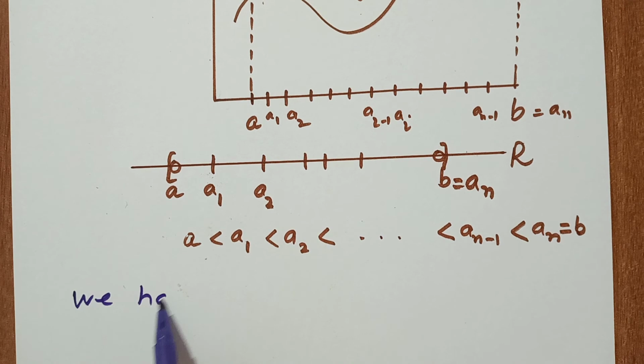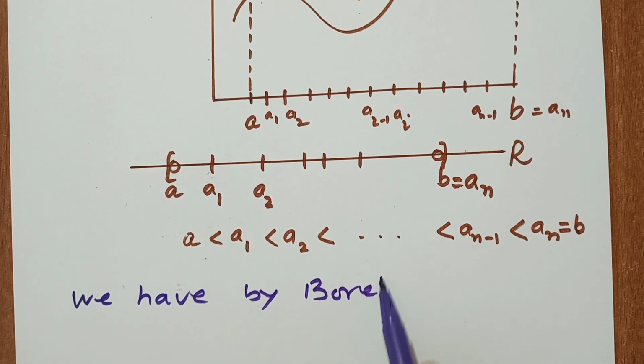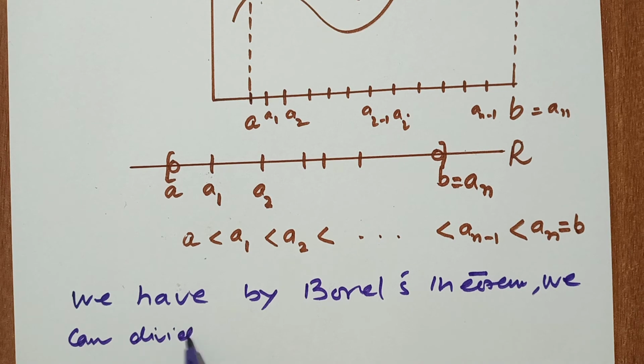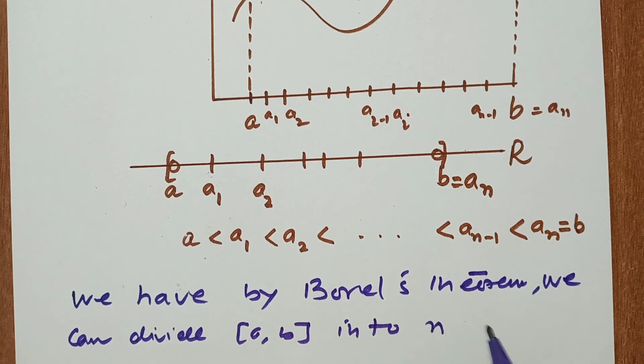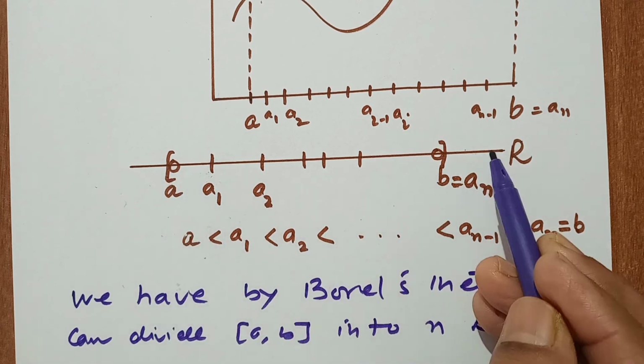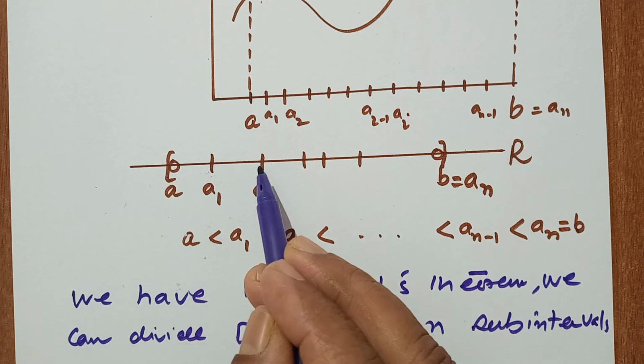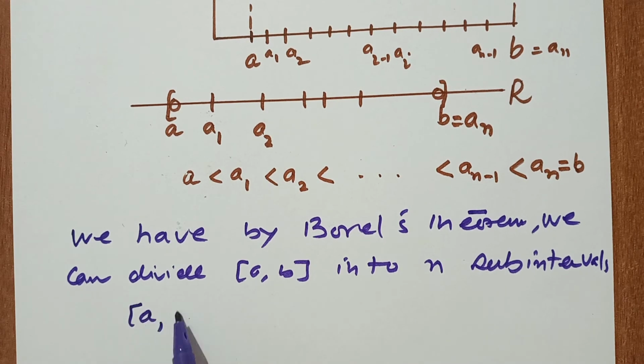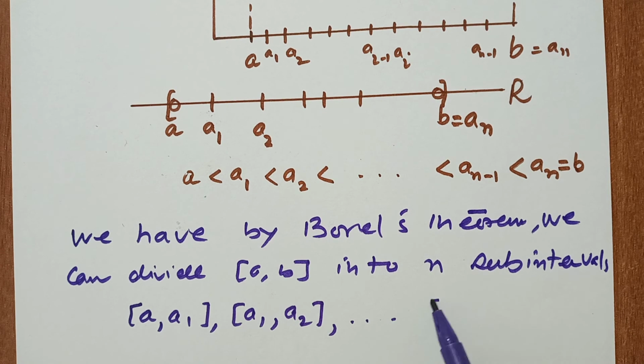By the Borel theorem we can divide this closed interval [a, b] into n subintervals: [a, a1], [a1, a2], [a2, a3], up to [a(n-1), an], where an is nothing but b.